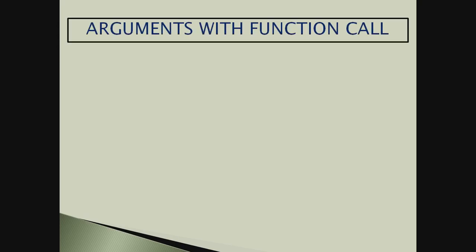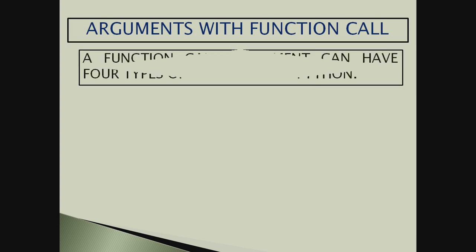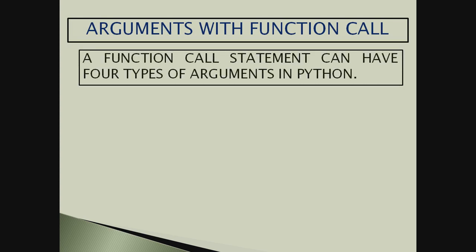See, we are talking here of arguments with function call. What types of argument can we give to a function call? You saw that yes, a function call can have an expression, a value directly, and a variable name. But what are the different types of argument in Python that can be sent?